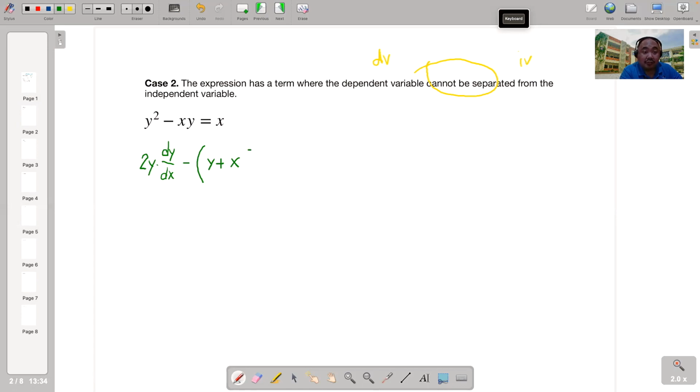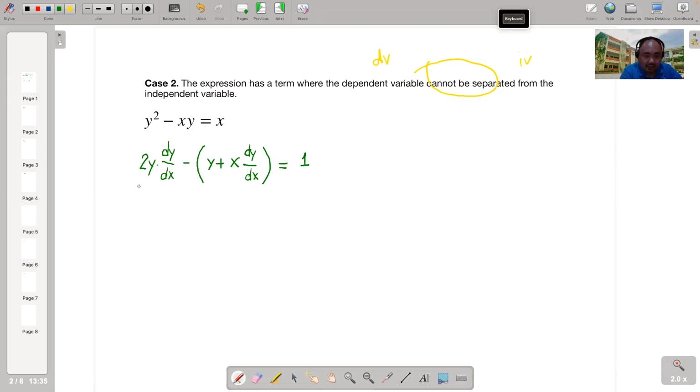So the derivative of y, I do not know, but it is dy/dx for now. And we're good on the left-hand side. Now on the right-hand side, we derive x. The derivative of x here is just 1.